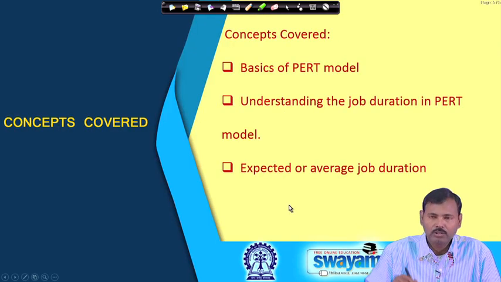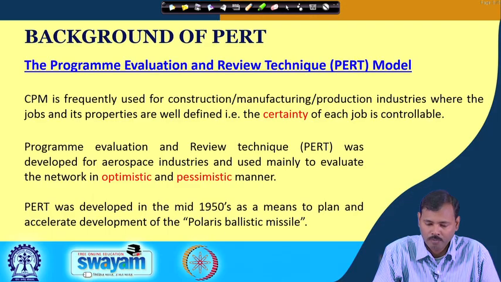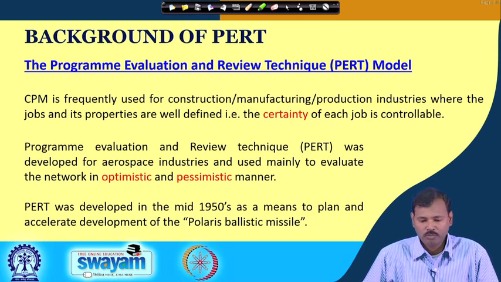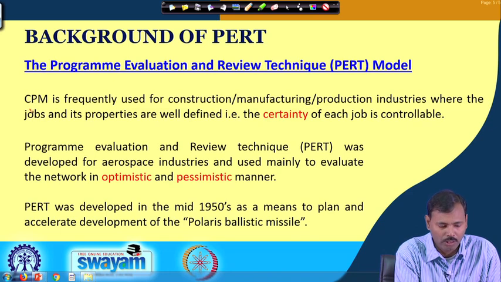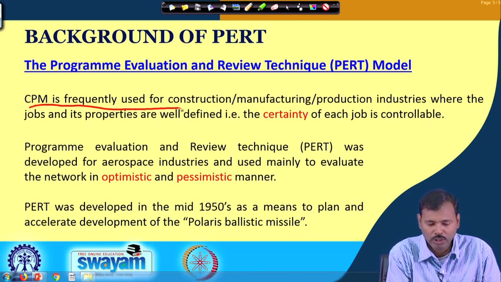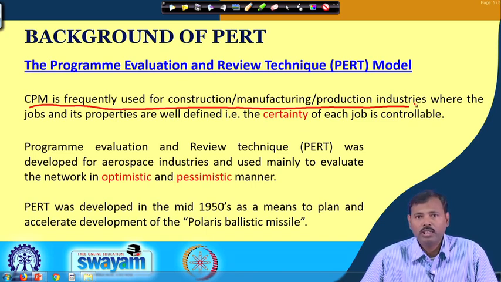So, let us go into the introductory part of the program evaluation and review technique. First, let us see its domain of application. Generally, critical path method is frequently used for construction, manufacturing, production industries which are mostly machine driven. That means, suppose we need to heat some chemical for a particular time, it is something like programming a microwave heating.